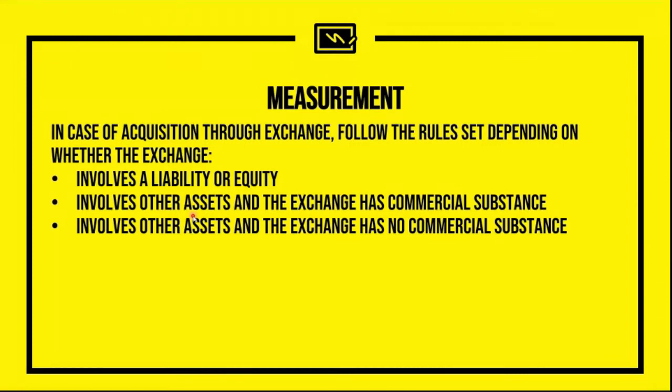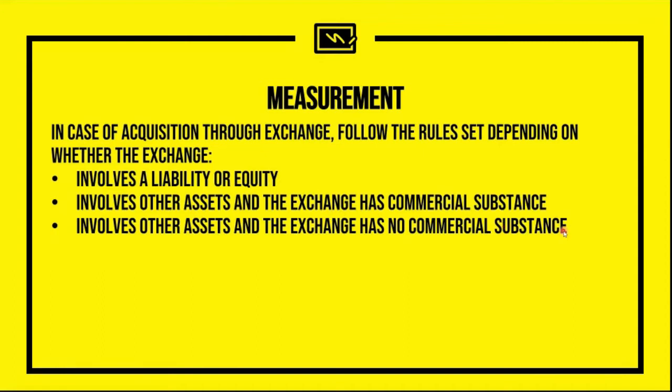Okay? So the rule there is GRG. Fair value given up, plus cash paid minus cash received. If there is no fair value given up, you go to fair value received. Okay? And then if there is no fair value received, then you go to book value given up plus cash paid minus cash received. That is for exchanges with commercial substance. If the exchange has no commercial substance, then you simply go to book value.